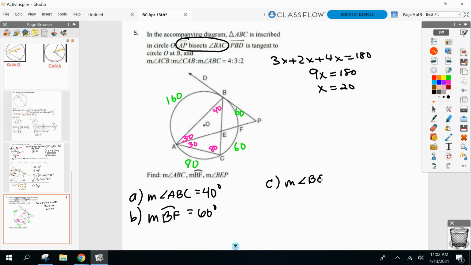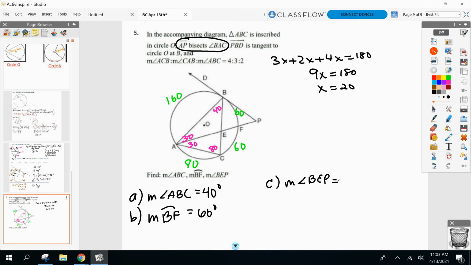How did you get 60? Because the angle BAC was 60, and it gets bisected, so each angle is 30. Across from it, I double because it's inscribed.